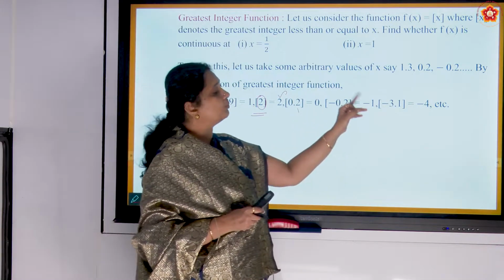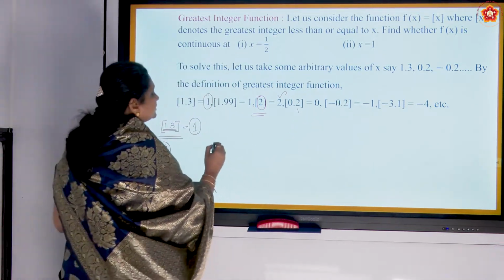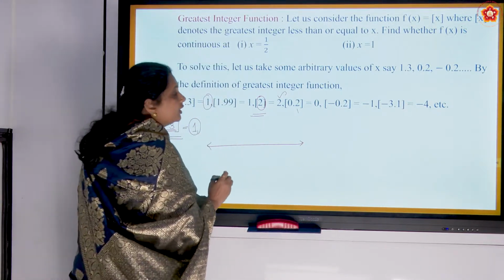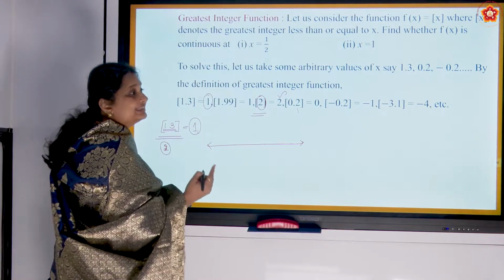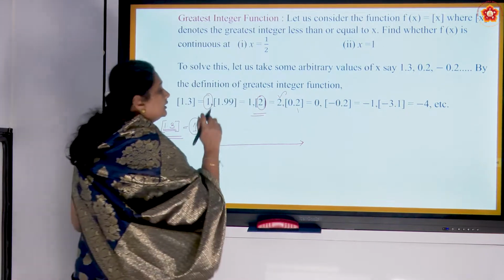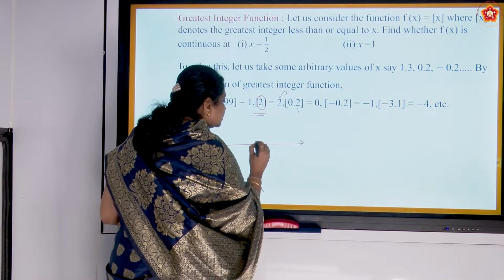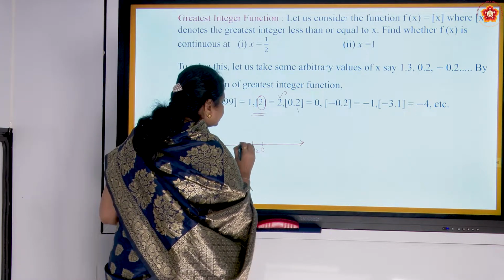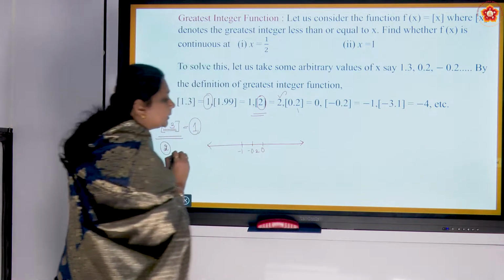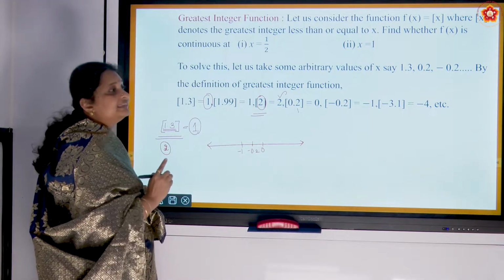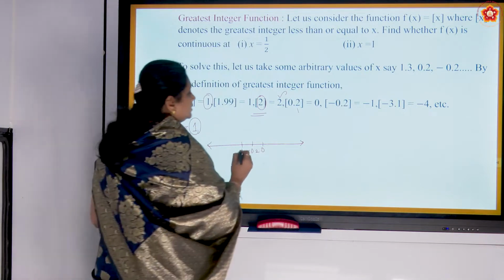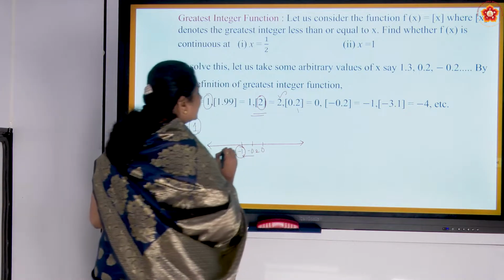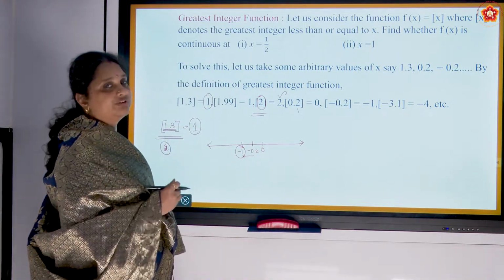And minus 0.2. Now let's observe this on the number line. With negative numbers, you need to be very, very careful. The integer that is less than that has to be taken. Now if you take minus 0.2, the integer that is less than that particular value is what you need to consider. Always take the integer that is on the left-hand side of it on the number line.